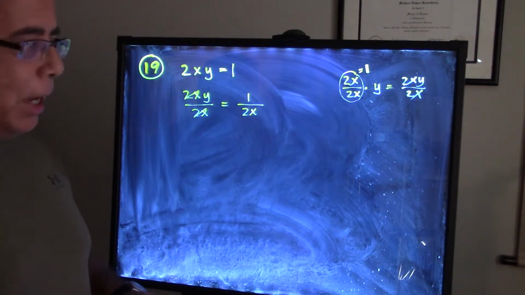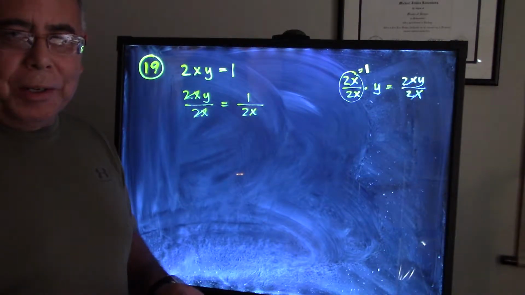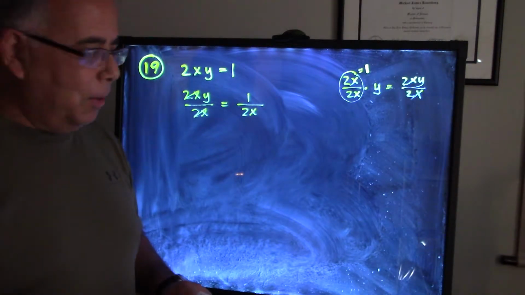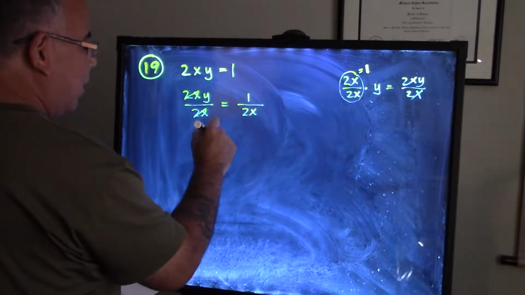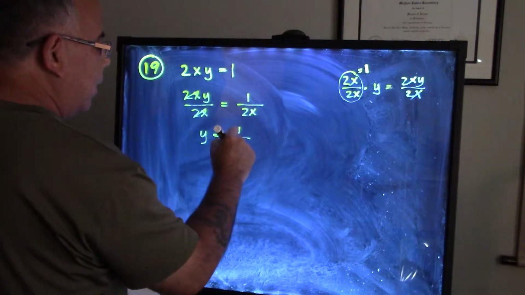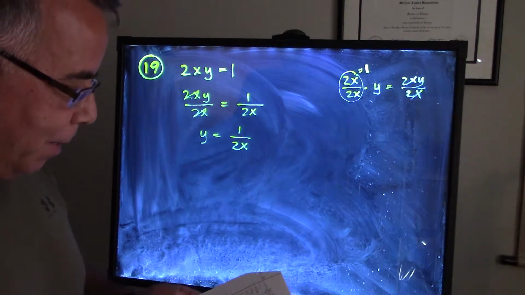So canceling is ignoring factors of 1 in your equation. All right, so this is y equals 1 over 2x. There you go. Solved for y.